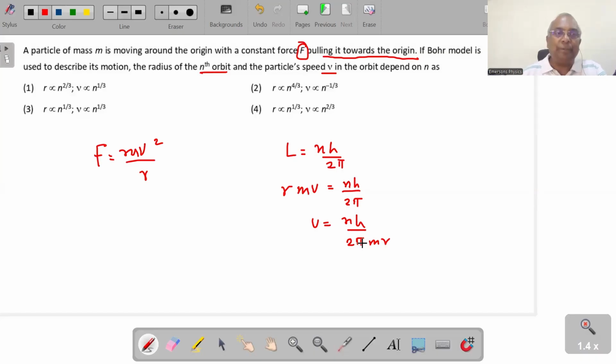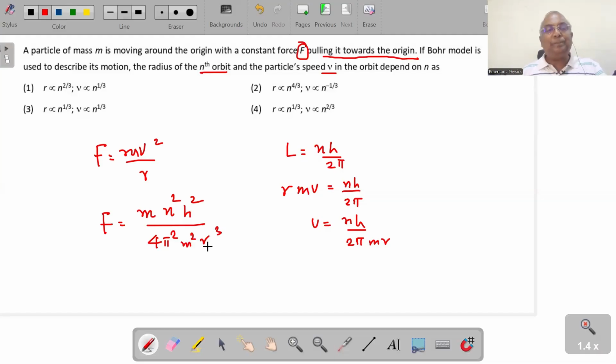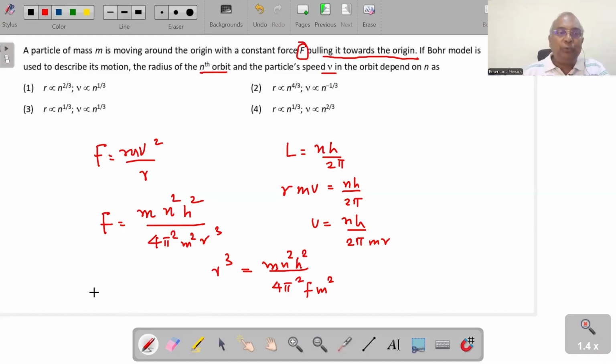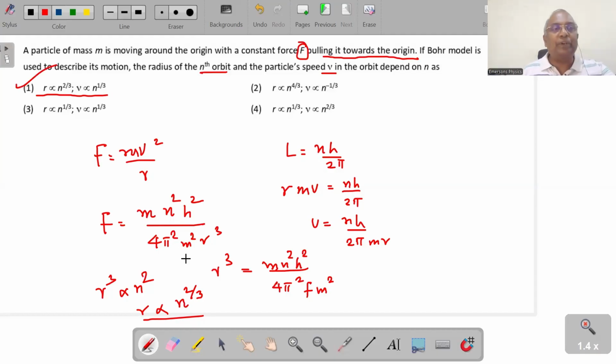Now substitute it into the equation. Then F will be equal to m into v squared, that is n squared h squared by 4 pi squared m squared r squared, into r cubed. Now take r out. Then r cubed is equal to m n squared h squared divided by 4 pi squared into F into m squared. It is clear, everything else is constant. So r cubed is directly proportional to n squared. Taking r out, r is directly proportional to n to the power of 2 by 3. This is the first step. So n to the power of 2 by 3 should be the answer. Okay, next we will continue with the second part.